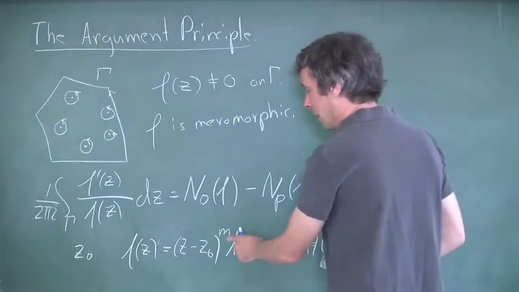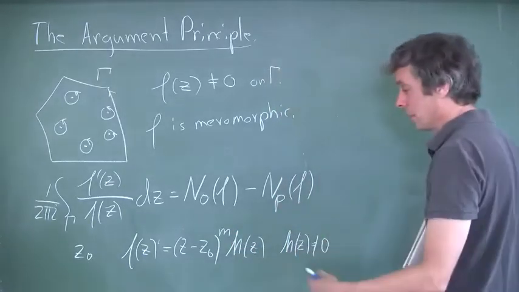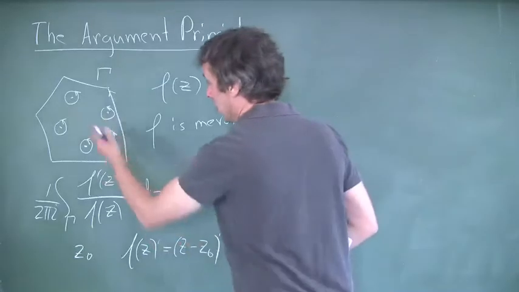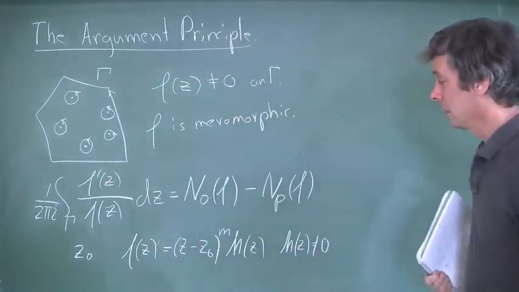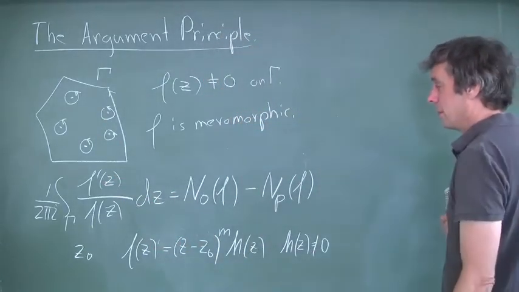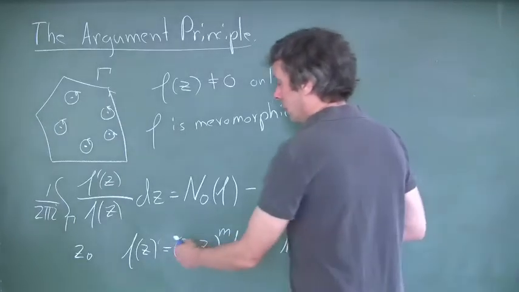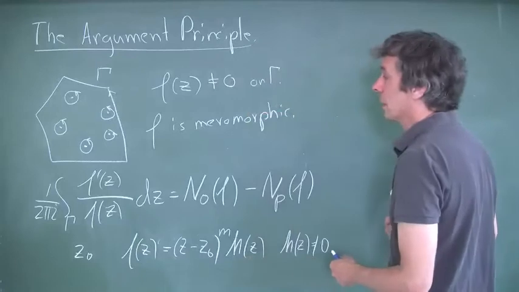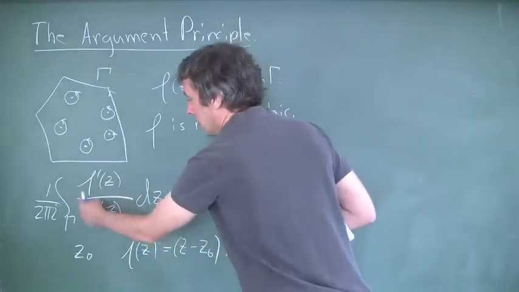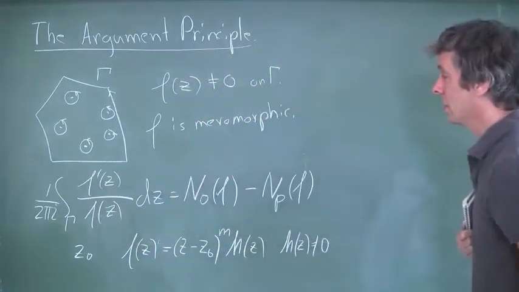And of course, m cannot be 0 because then you don't need to consider this circle at all because you don't have zeros or poles there. So we assume that the function looks like this, and we simply compute the integrand over here.